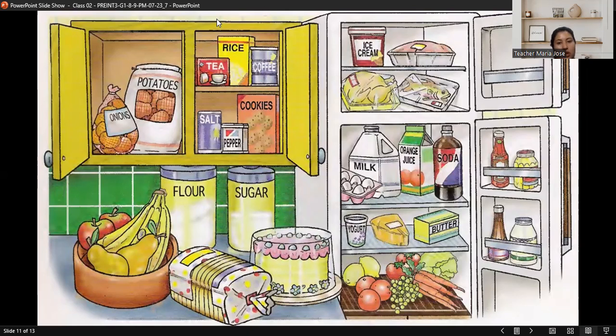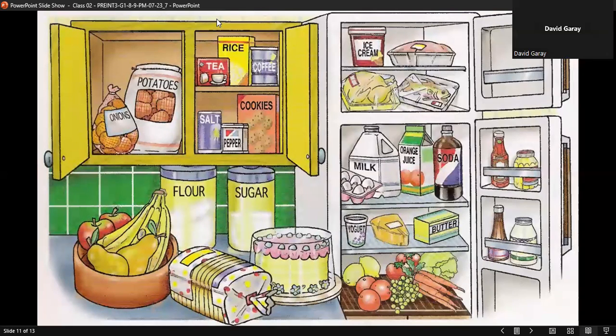If the question is for uncountable nouns, then you have to use there is. Okay? Is that clear? Yes, it's clear. Awesome. So let's begin.